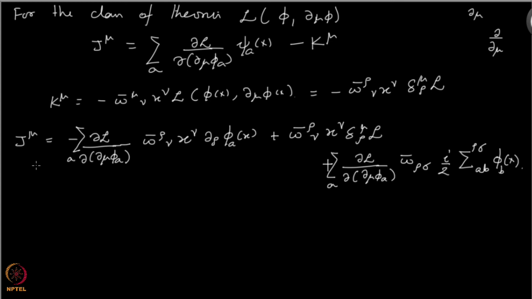Now these two terms that you see appear very familiar to us. If you recall, right now we are looking at Lorentz transformations, and because we are connected to identity, we are doing infinitesimal transformations.